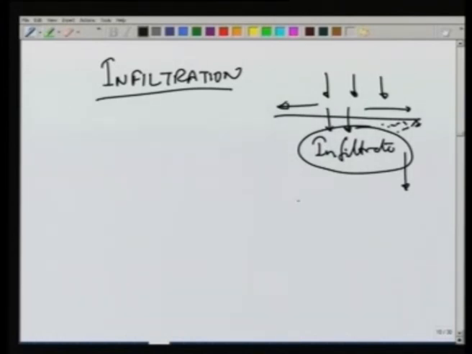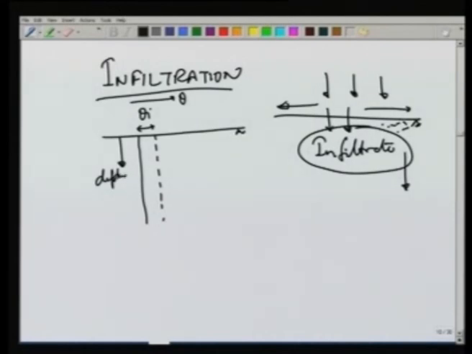So, when infiltration occurs, if you look at the soil moisture, suppose there is some initial moisture content in the soil theta I. So, what we are plotting is theta axis and depth below the ground level. So, initially let us say we have a constant value of the moisture content theta I. As water falls on this surface, it would increase the moisture level near the surface.